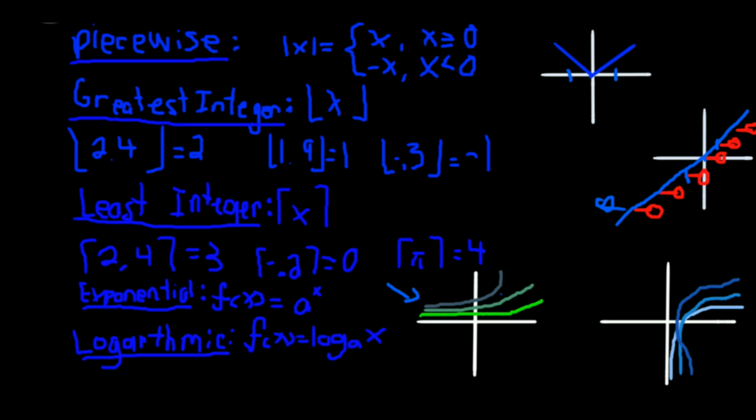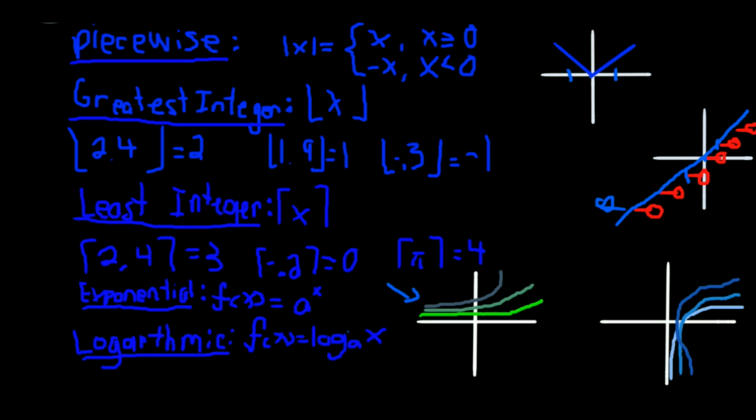So this middle one, that's kind of an army green, could be our 5 to the x, or f of x equals 5 to the x. You can see that it increases a bit faster than 2 to the x. And then finally we could have f of x equals 10 to the x, which is this top function here that kind of turns upwards right at the end, and so the greater the base number, the faster it is going to increase, and that is due to common sense, really.